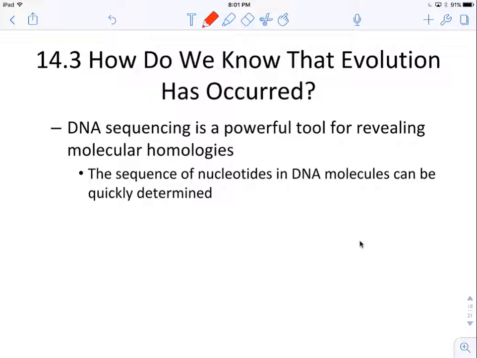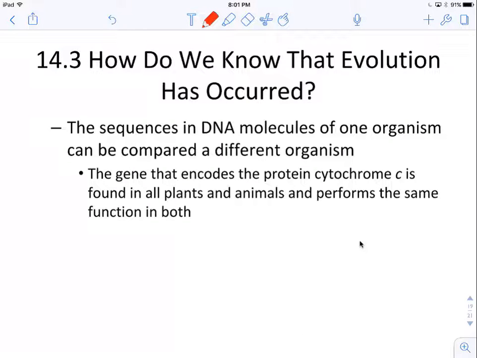All right, so we can look at DNA sequences of genes to look for molecular homologies. Okay, it's very easy to determine a sequence of nucleotides, and we can look at, for example, the gene for cytochrome C, which is part of the electron transport chain.